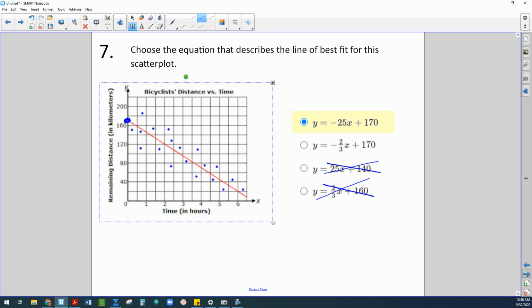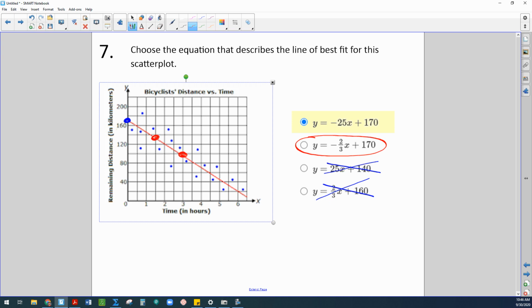A lot of students chose y equals negative 2/3 x plus 170 because you may have looked at this and thought, if I go down about 2 boxes and over about 3 boxes, I get this point. Down about 2 boxes, over about 3 boxes.